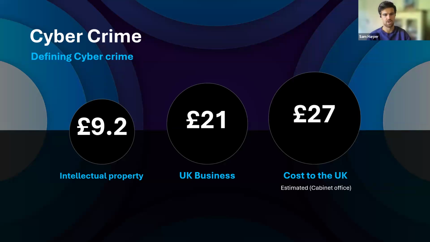Cybercrime cost 9.2 billion in lost intellectual property, cost UK business 21 billion pounds, and the cost to the UK as a whole was around 27 billion pounds. And these are just reported incidents. It is worth noting that a huge portion, and in some cases, depending on what crime is committed, the majority aren't actually reported.